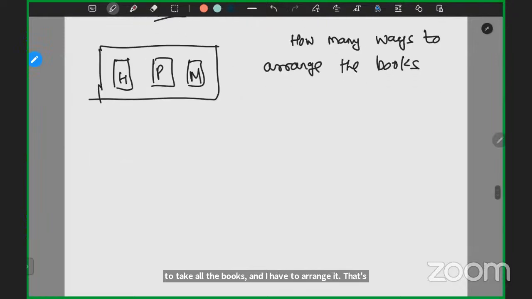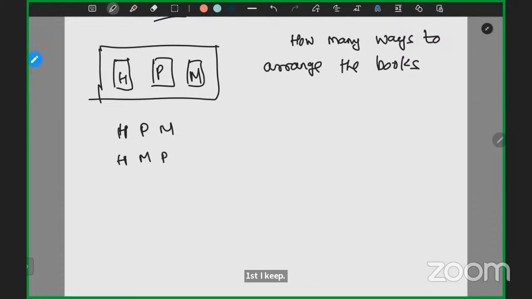So I'll write how many ways we can do it. Let's say I take the history book first, then I arrange physics and math. Then again I keep the history book first and arrange maths and physics. So this is a different arrangement than this.